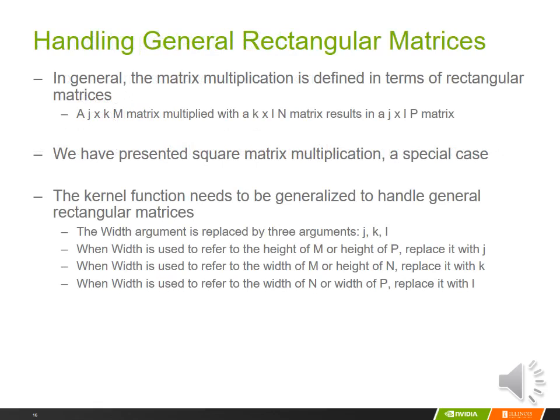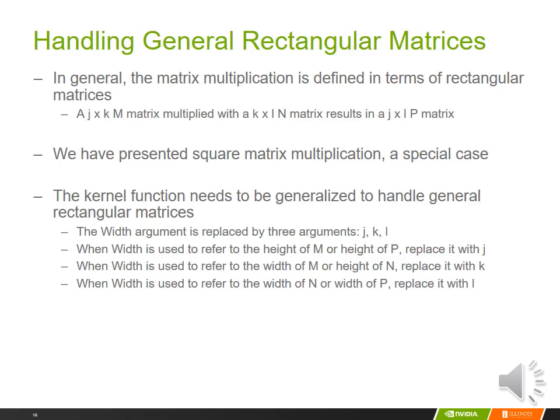At this point, we have a tiled matrix multiplication kernel that can handle arbitrary dimensions of square matrices. However, in general, matrix multiplication is defined in terms of rectangular matrices. That is, a J by K M matrix multiplied with a K by L N matrix will result in a J by L P matrix.